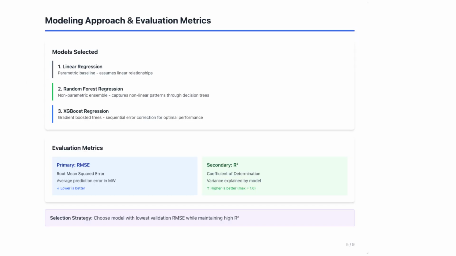Next, modeling. For the models, I compare 3. Linear regression, which is a parametric baseline, assuming the relationship between X and Y is linear. Random forest regression and XGBoost are both non-parametric.